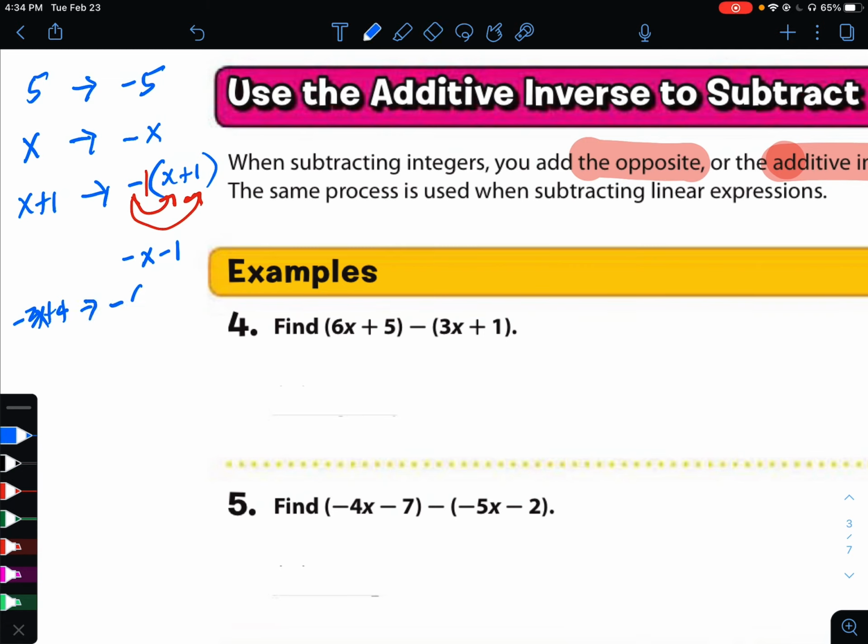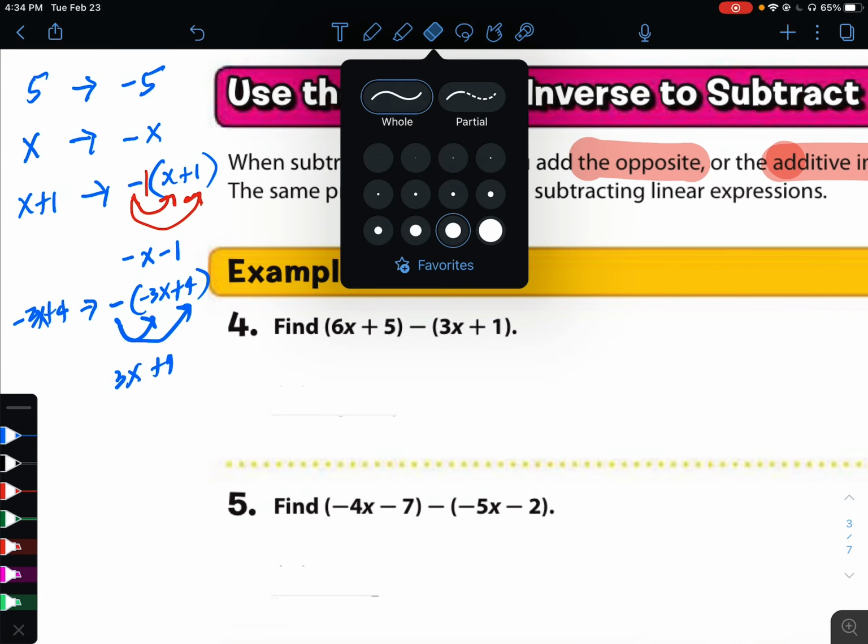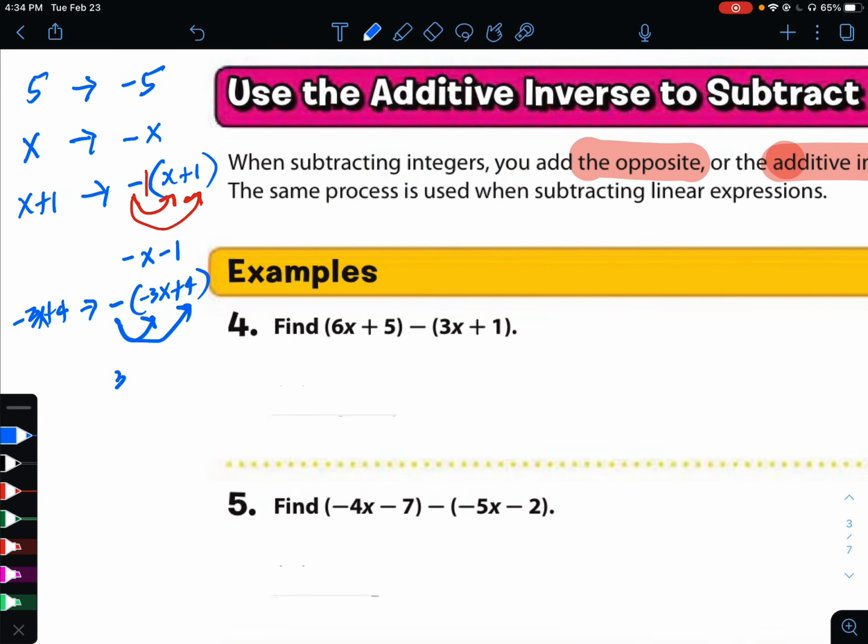The negative of negative 3x plus 4. So if I distribute my negative 1, this becomes positive 3x, and this becomes negative 4. So this becomes 3x minus 4. These two expressions are the same. This expression is the same as this expression. Okay, so that's a little bit of a background of what additive inverses are.